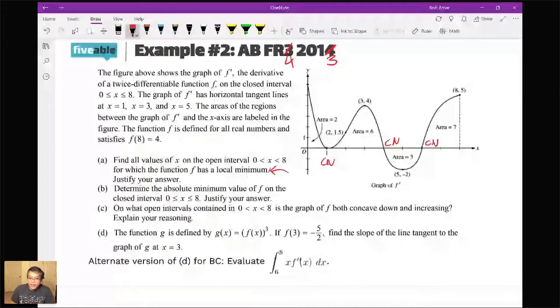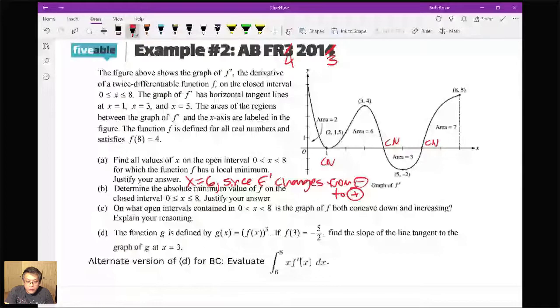So those are our 3 candidates. The derivative has to change signs from negative to positive in order for it to be a local minimum. So the only local minimum is going to be at x equals 6, since f prime changes from negative to positive.